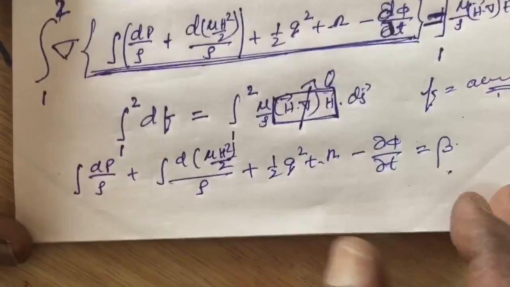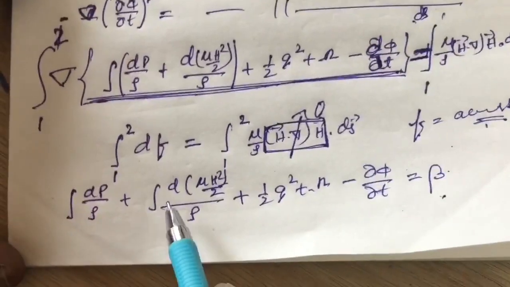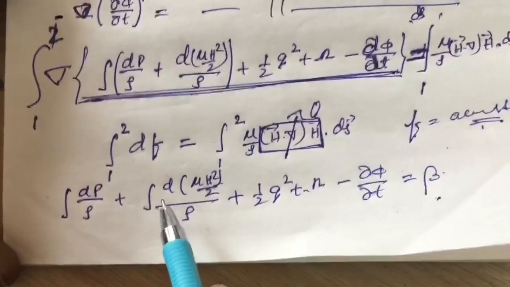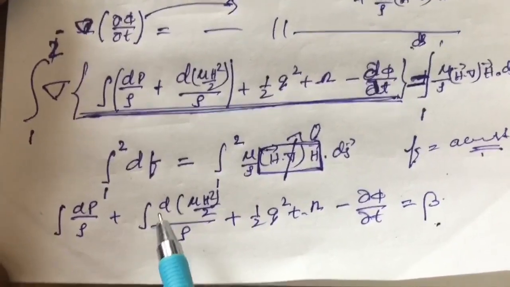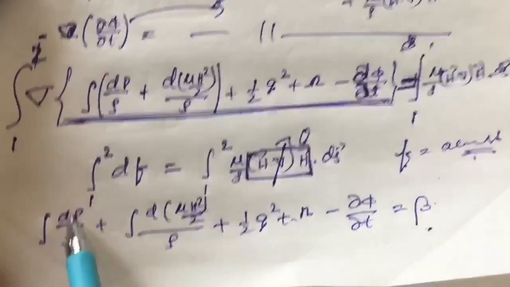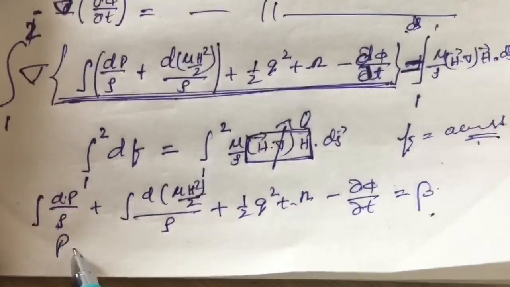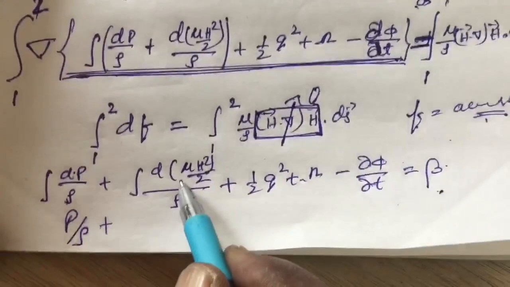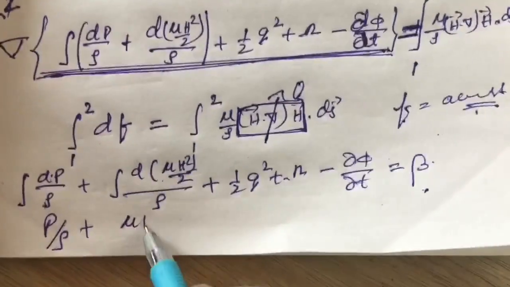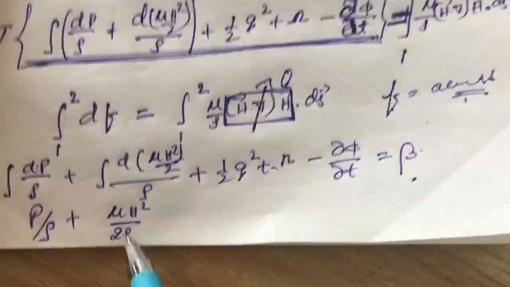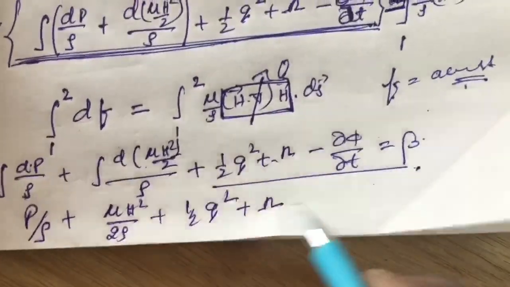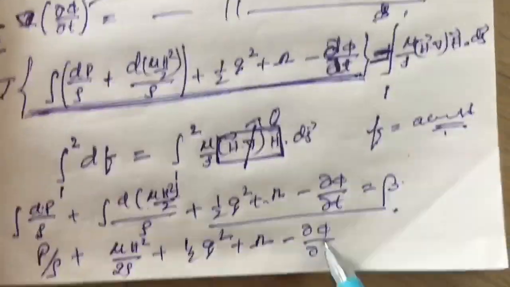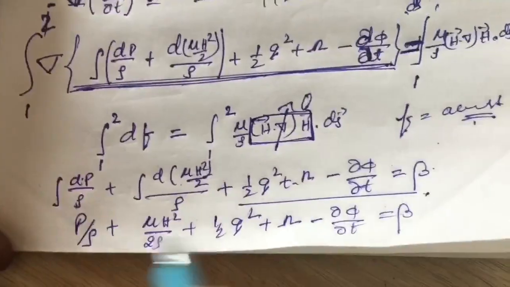If we assume this is true for a barotropic and frozen inflow condition, and the fluid is homogeneous, then this term becomes simply p by rho, and this term becomes mu h square divided by 2 rho, and the remaining terms as they are: plus 1 by 2 q square plus omega minus del phi by del t is equal to beta.